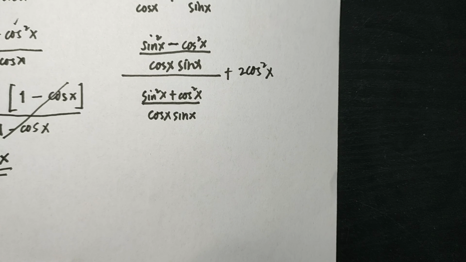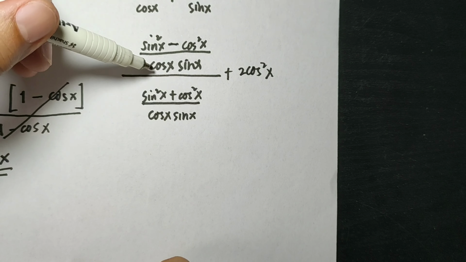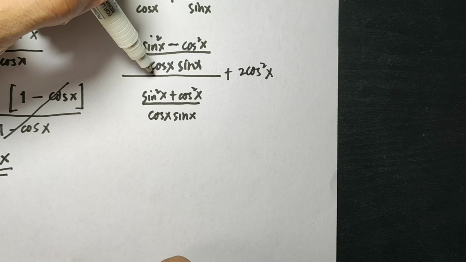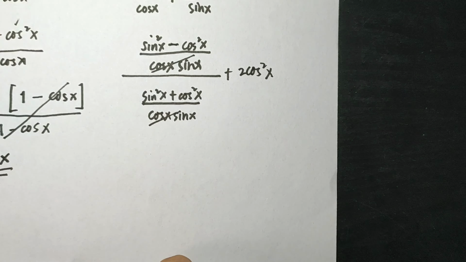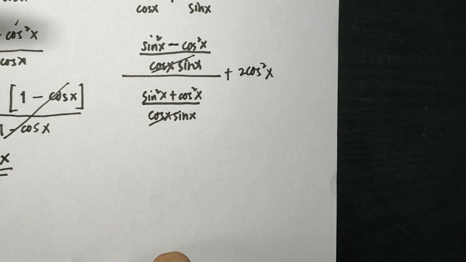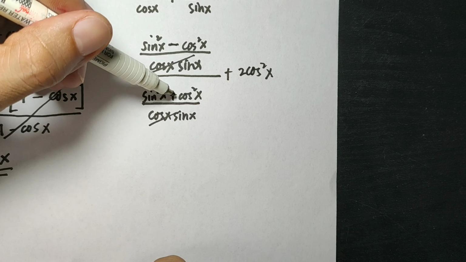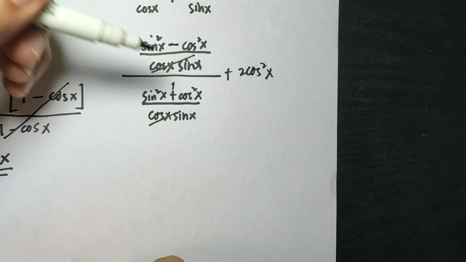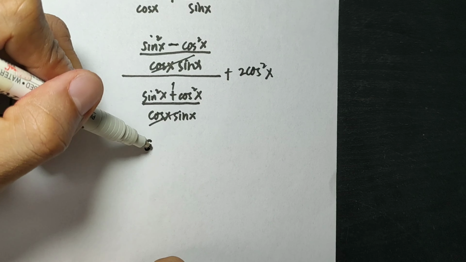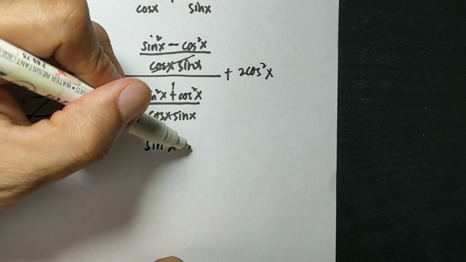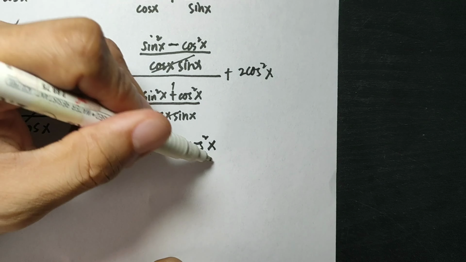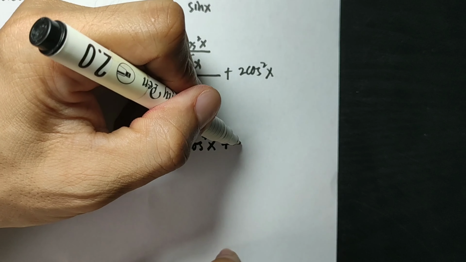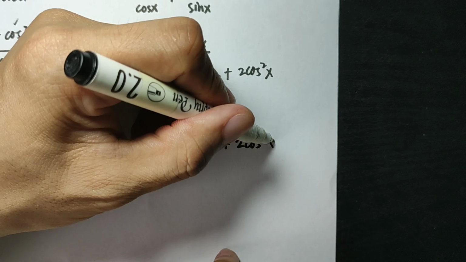So this time, as you can see, the denominators are the same. So if we divide it, this will be cancelled. And using the Pythagorean identity, sine square x plus cosine square x is equivalent to 1. Okay, so it will become sine square x minus cosine square x over 1, or we may omit that, plus 2 cosine square x.